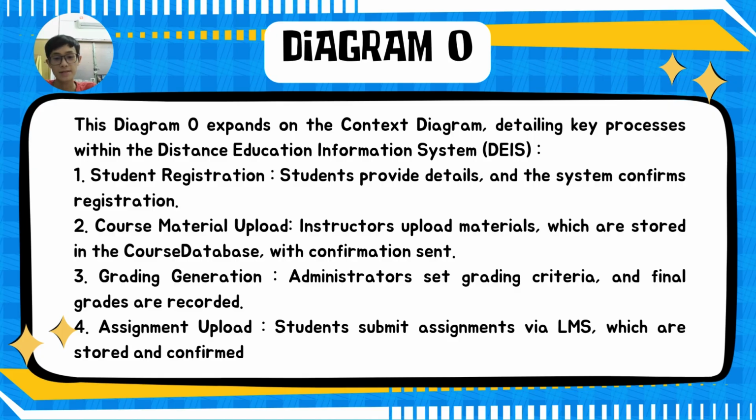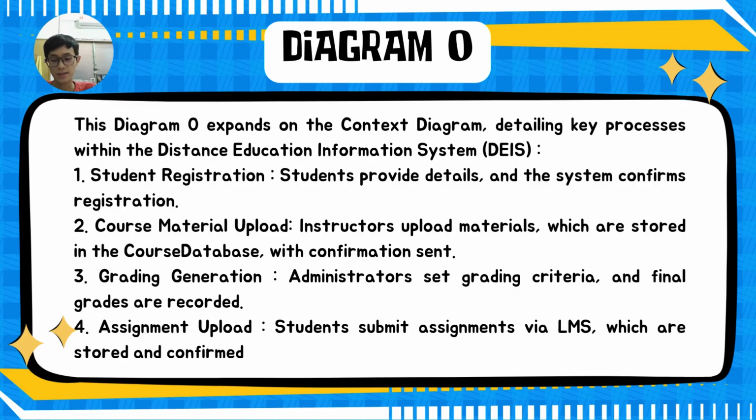This diagram 0 expands on the context diagram, detailing key processes within the Distance Education Information System, DEIS. The first one is student registration: the student provides details and the system confirms registration. The second one is course material upload: instructors upload materials, which are stored in the course database with confirmation sent.